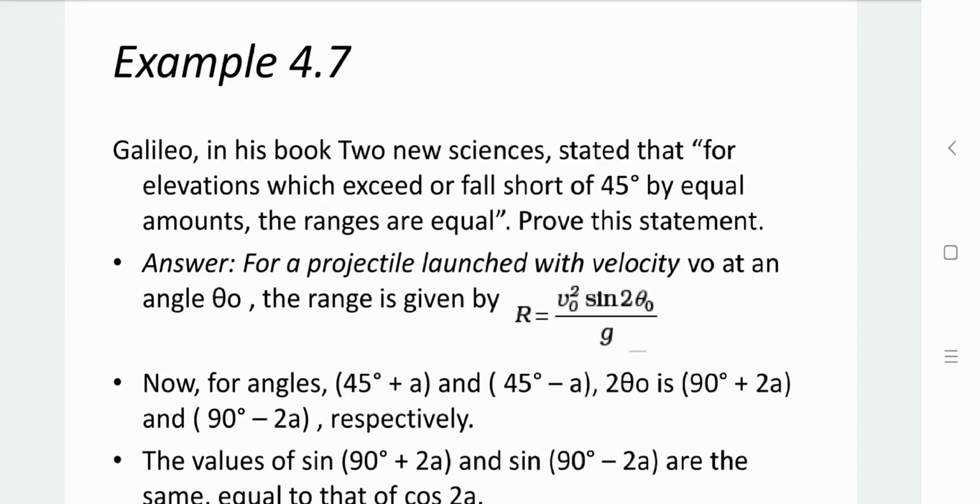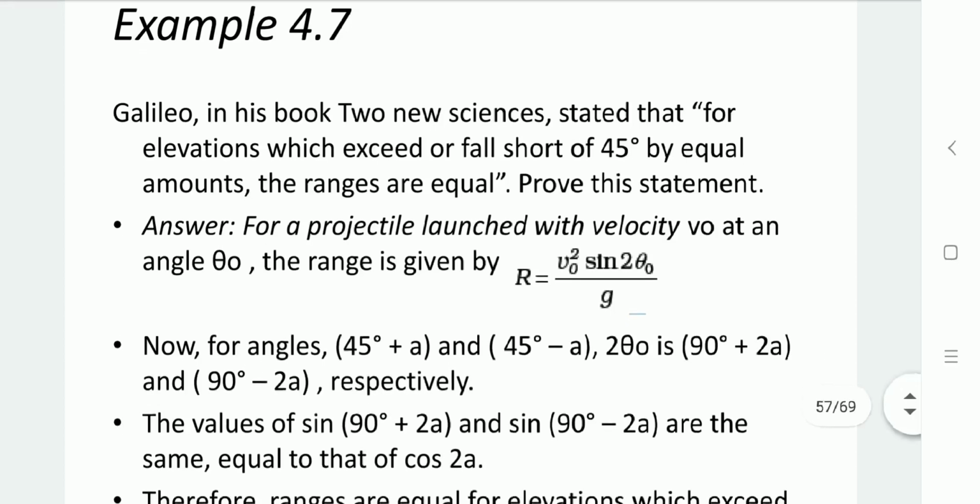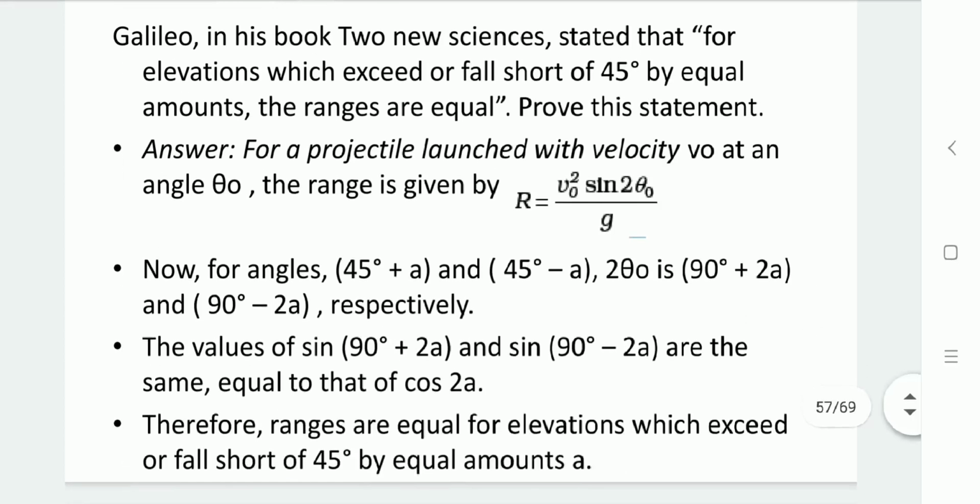Now the angle is given as 45 degrees, and the elevations exceed or fall short of it. So let us take the angles 45 plus a and 45 minus a as theta. So 2 theta 0 would be 90 plus 2a or 90 minus 2a. Here sin of 90 plus 2a and sin of 90 minus 2a are the same, equal to cos 2a, because sin 90 plus becomes cos.